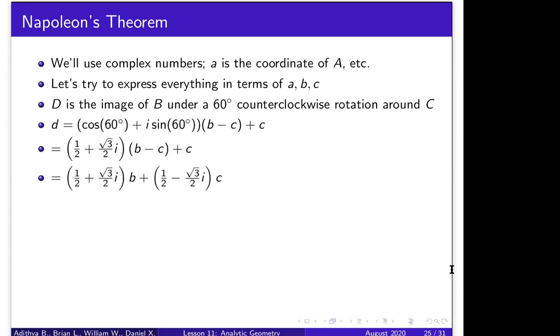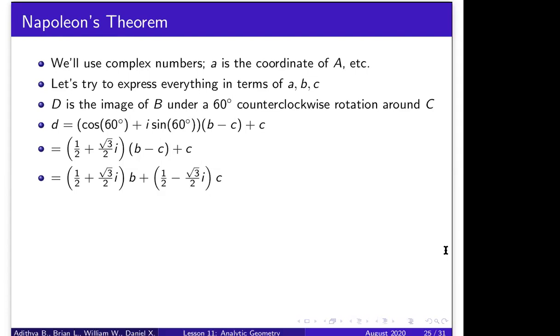So now that we have D, how are we going to get X? X is the center of equilateral BCD. What can we say about the coordinate of X? Yep, since X is the centroid of triangle BCD, X should just be the average of b, c, and d.